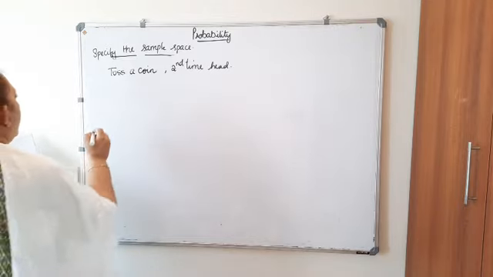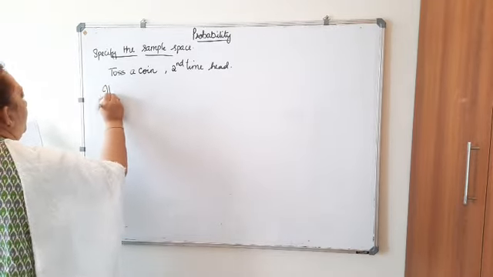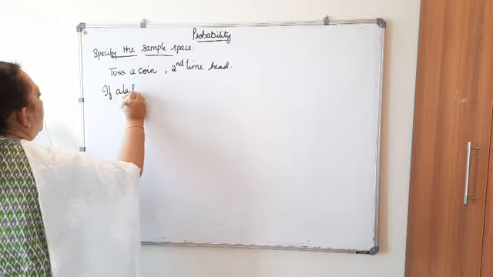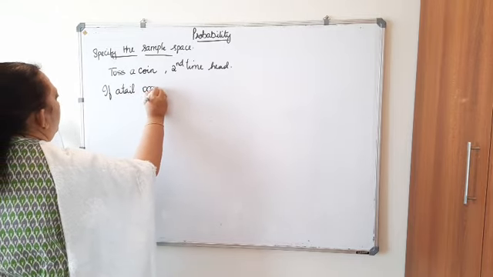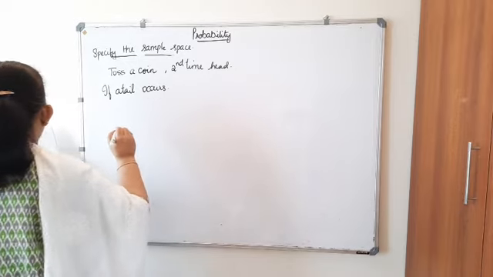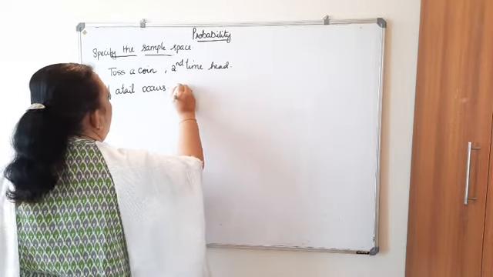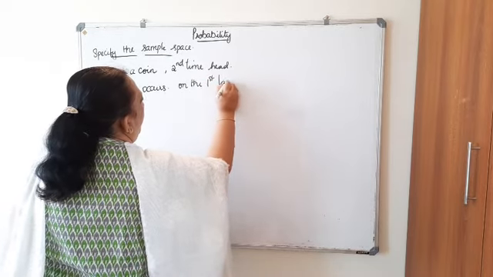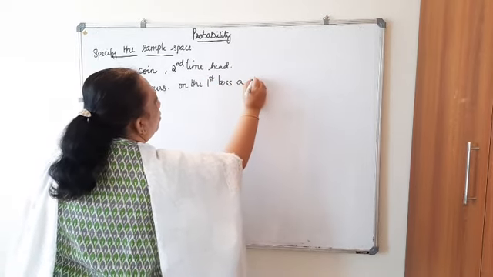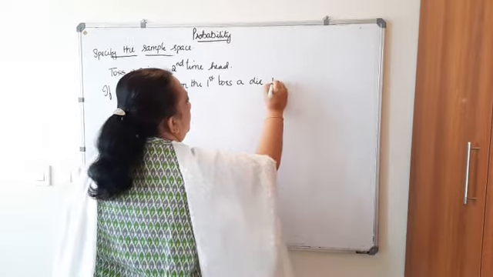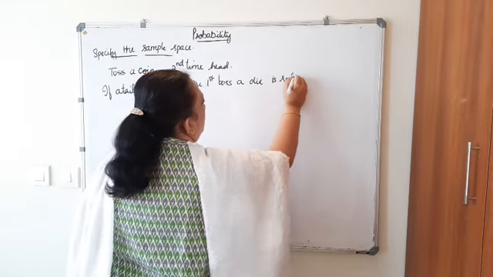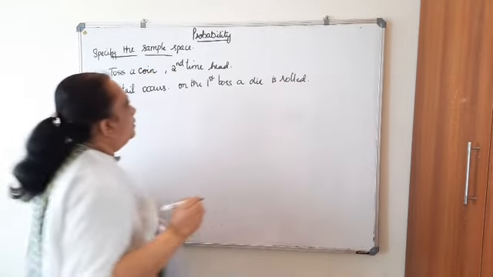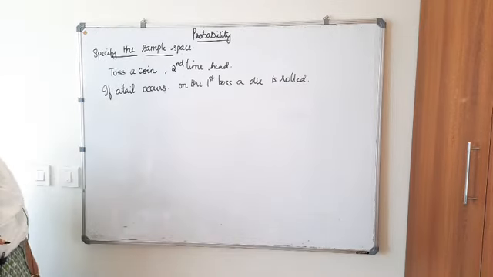If a tail occurs on the first toss, a die is rolled.